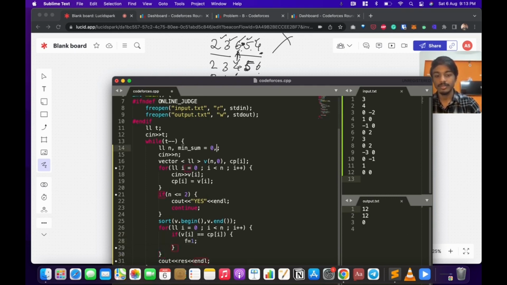Let it be f equal to 1. If f is equal to 1, I can simply put yes.